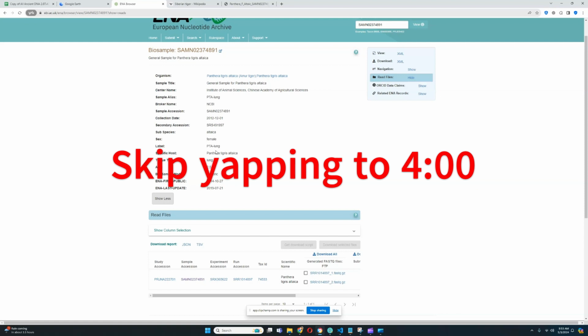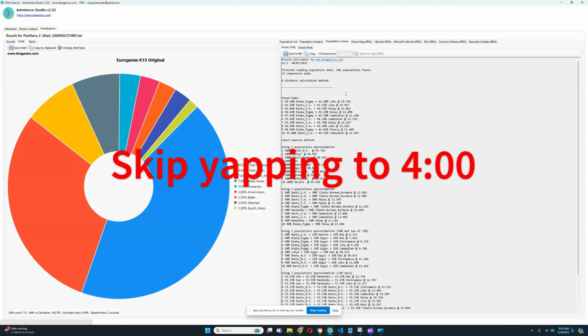It kind of makes sense if you look at the scientific name as a haplogroup type thing, where the first word is the root, and as you go to the right, it goes subclade, and then the subclade of the subclade. That's the way I read this string of words. Now let's see what she scores for the Eurogenes K13.